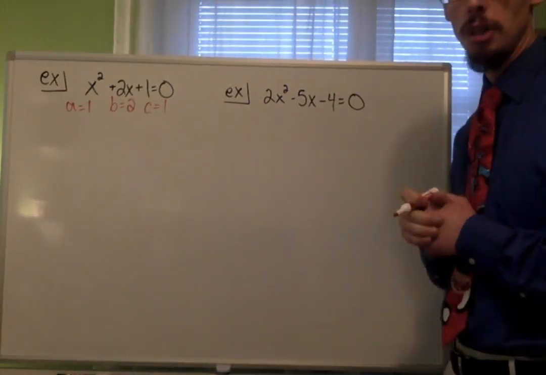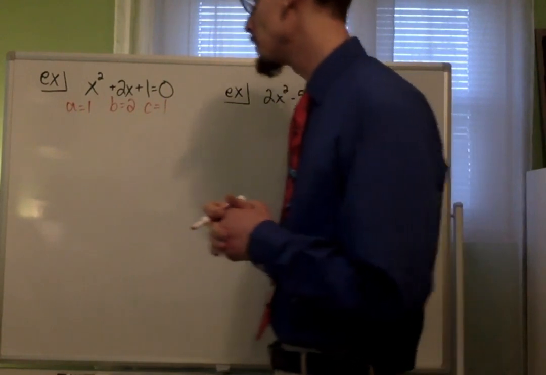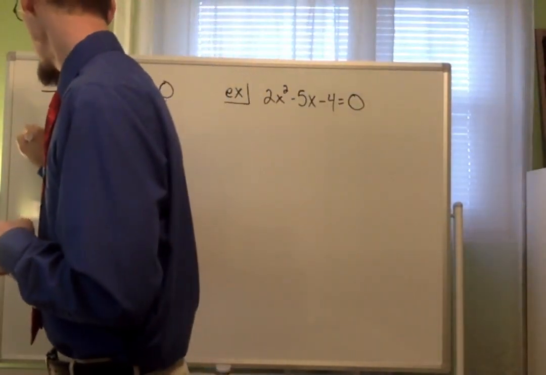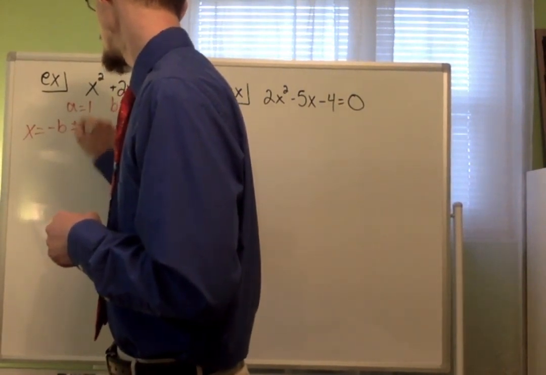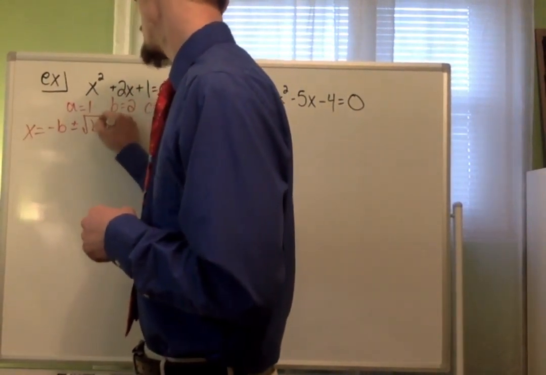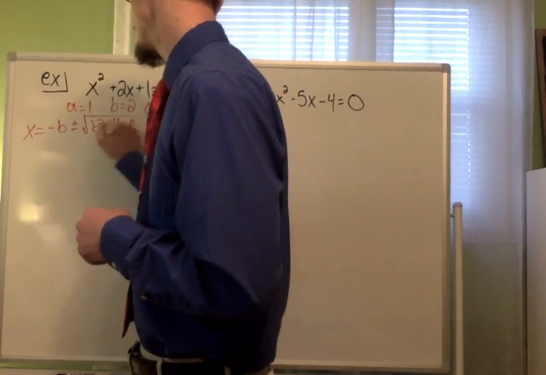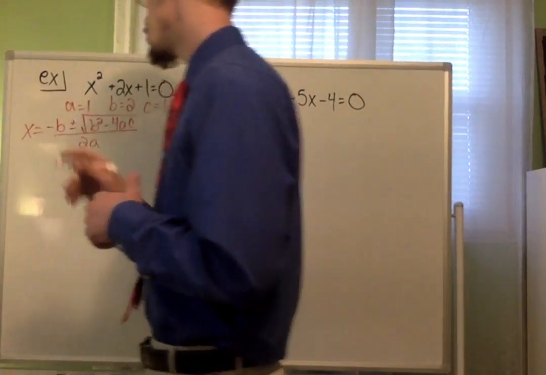So I have to plug those numbers into my quadratic formula. So I'm going to start by actually writing the formula out. Negative B plus or minus square root of b squared minus 4ac all over 2a.